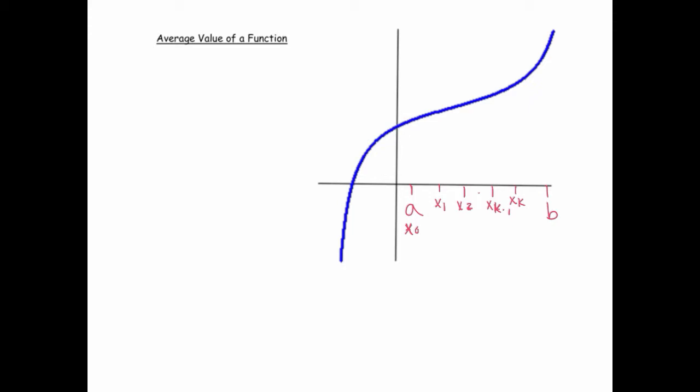There's the kth one, and that'll be the nth one. And we're going to make them evenly spaced, so each has a distance of delta x, which is the same. Each subinterval is the same, so that's just b minus a, that distance, divided by however many subintervals we've got. And then we're going to let each subinterval have a sample y value that represents it.